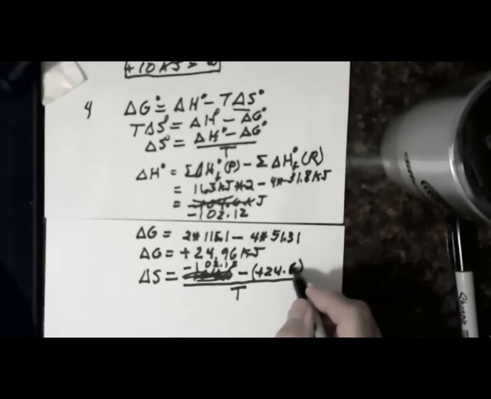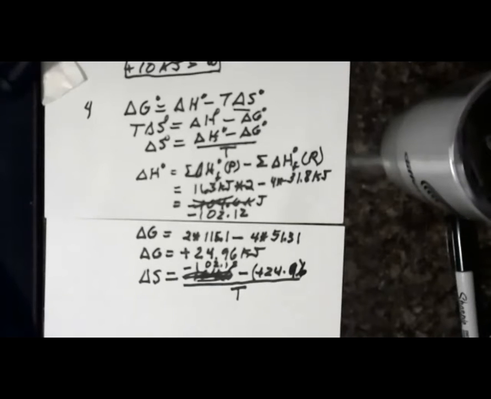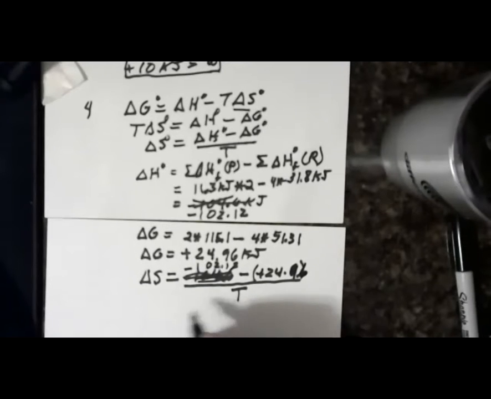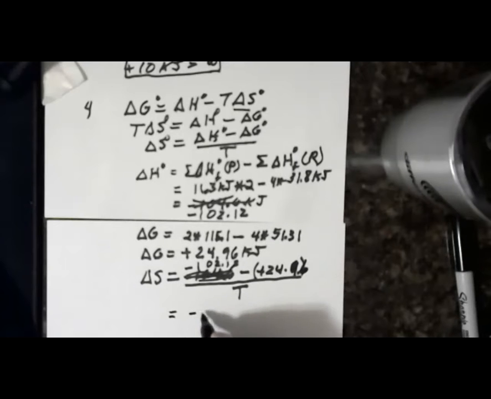Should be 96 here. And I get that answer. And I want to divide that. That gives me minus 127.08 kilojoules. Now I want to divide that by the temperature.